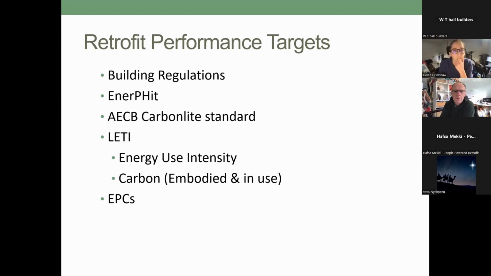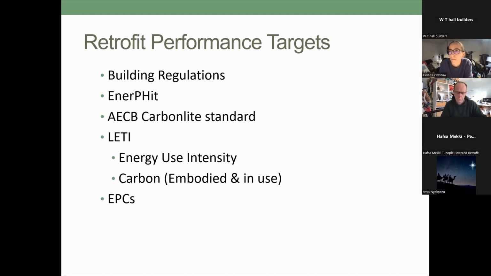I have to say, though, and again, EPCs came up in the conversation, the EPCs are still a real driving force for what's happening, whether you're dealing with social landlords or private landlords, but also with owner-occupiers, because they're thinking of what's going to happen to their building. Now, the problem with EPCs is that it moves.